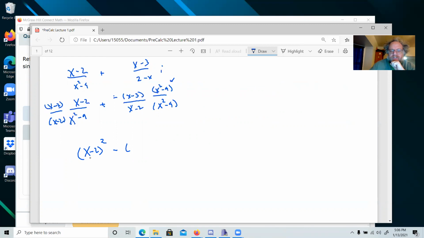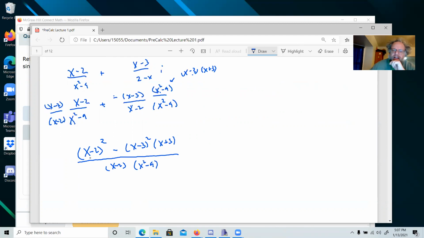This factors: x minus 3, x plus 3. How many x minus 3's do we have here? 1, 2. And then x plus 3. Then this is divided by x minus 2, x squared minus 9.